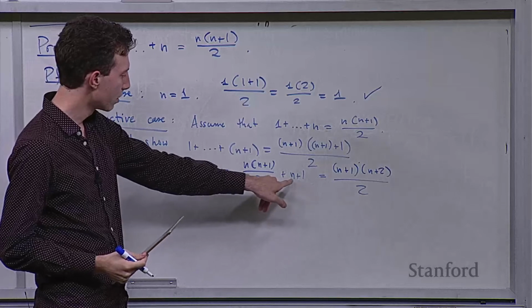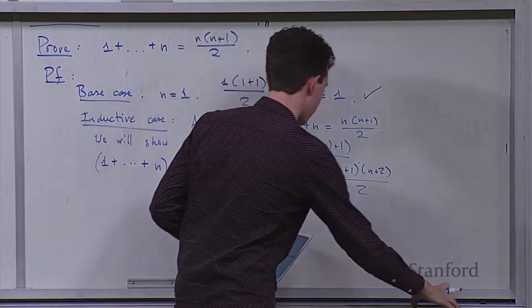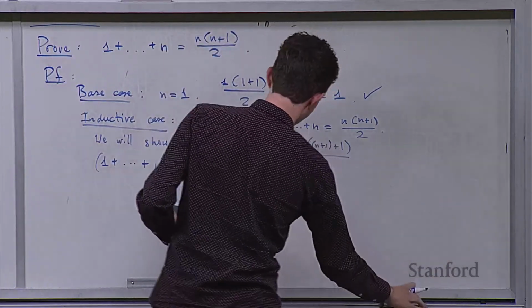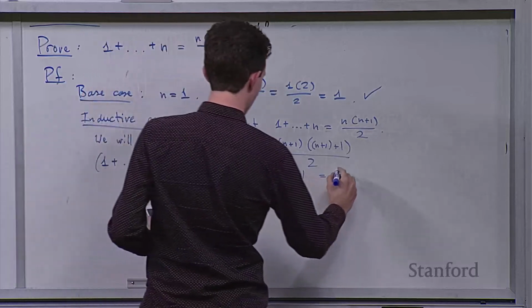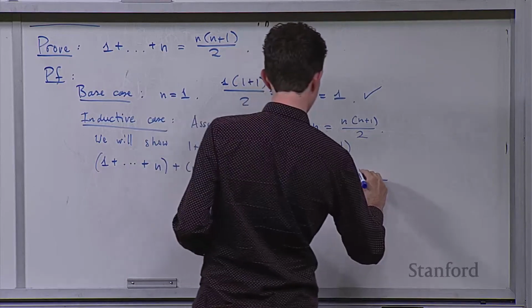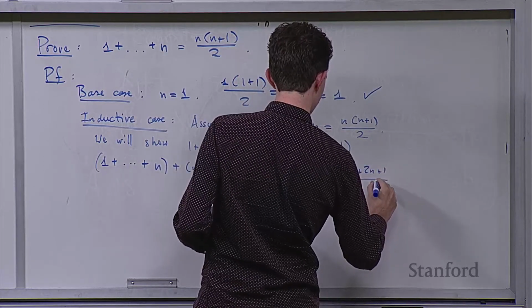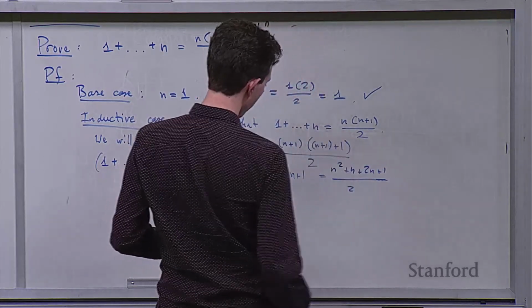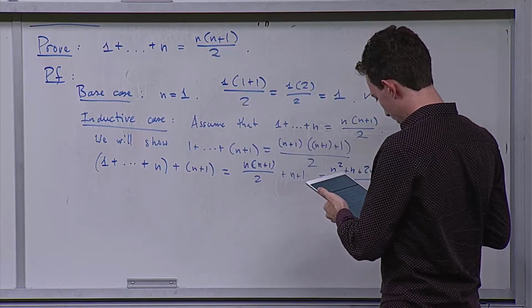So we would say, actually, why don't we just write it out so I make sure I'm not lying. OK. Here we're going to have (n squared plus n) over 2 plus (2n plus 2) over 2. And hopefully this works out.